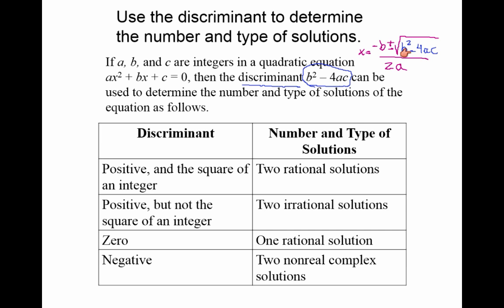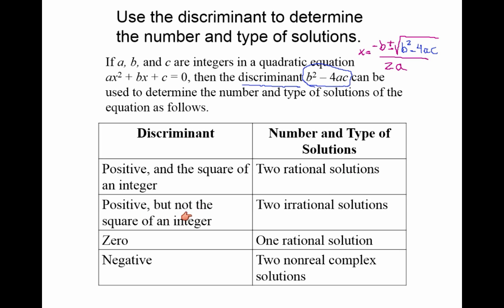The square root of 4 is equal to 2, so we get, as a result, 2 rational numbers. So if the number under the radical is positive and the square of some number, we get 2 rational numbers.